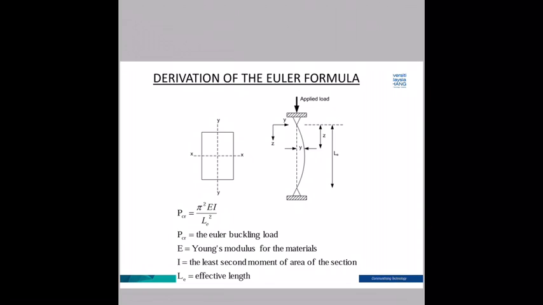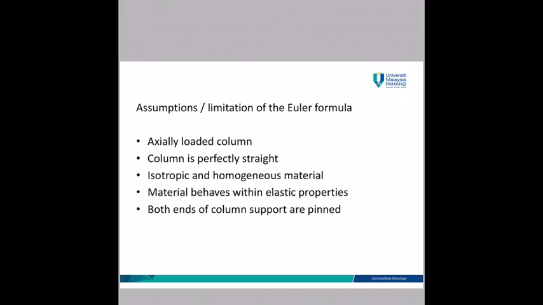This is the derivation of the Euler formula. You can read the derivation, you need to integrate and differentiate the formula with the Bernoulli equation and also the load equation. Then the last thing you will get is that critical load is equal to pi square EI over LE square. The assumptions of Euler formula are that the column should be an axially loaded column.